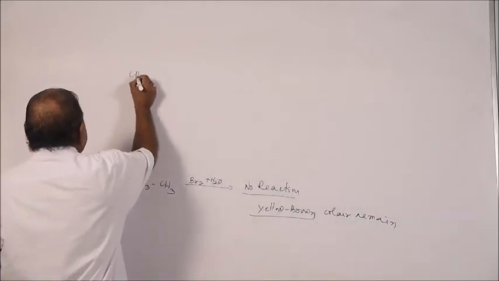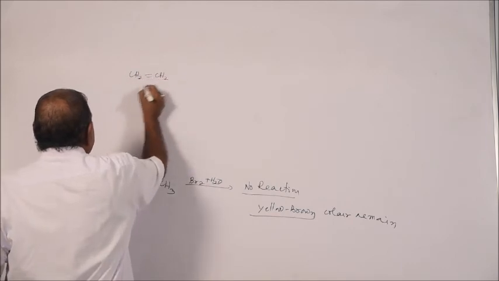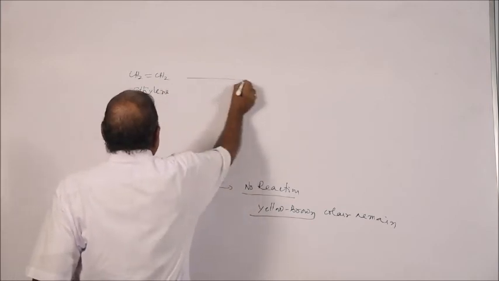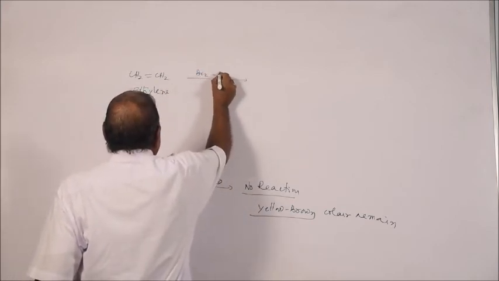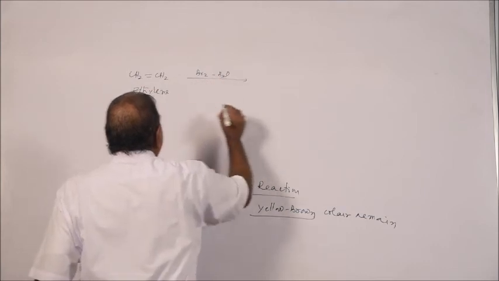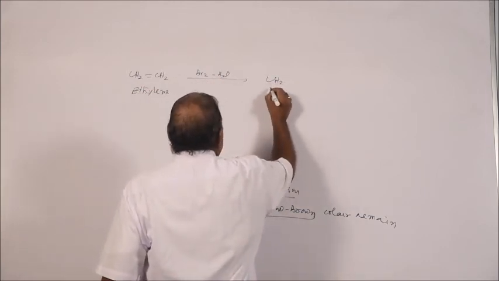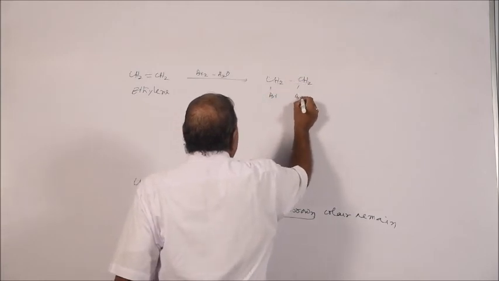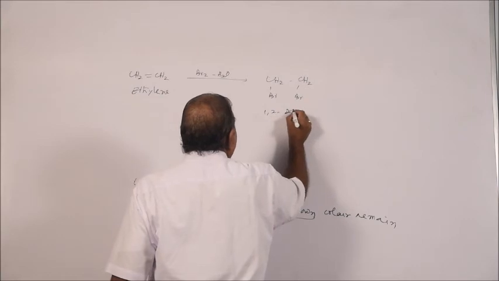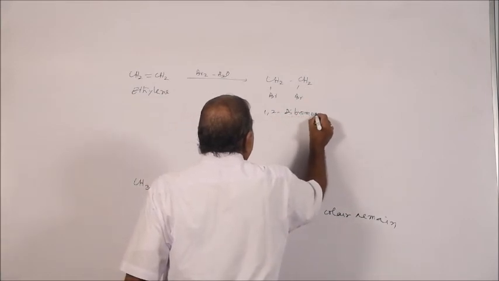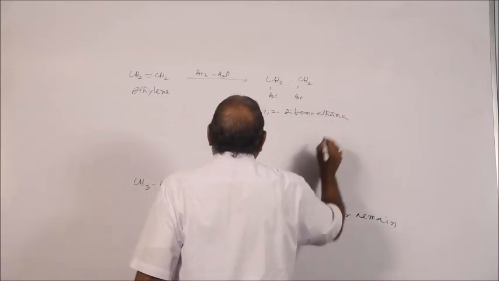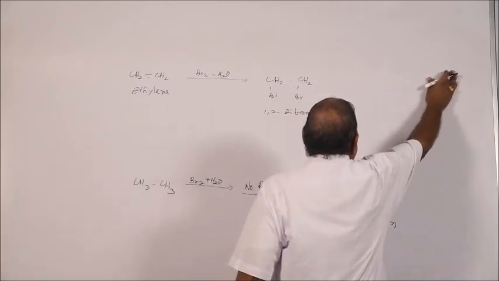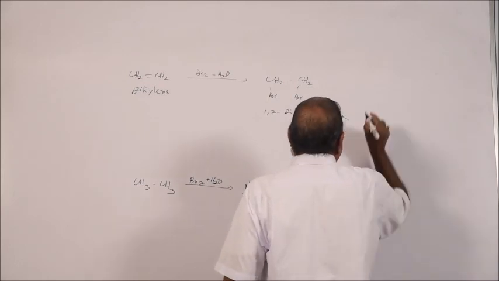But when ethylene is passed through bromine water, bromine will add to form a dibromo compound, 1,2 dibromo ethane. Since bromine is used up, the yellow brown color becomes colorless.